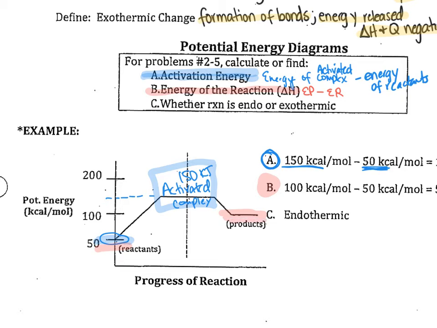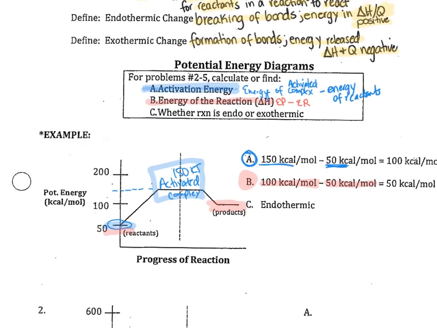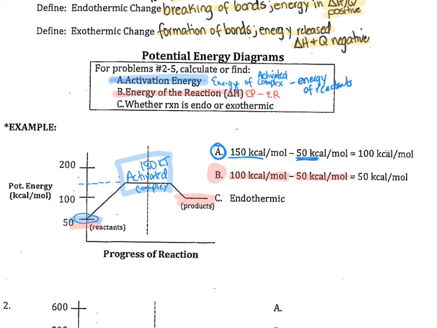If I look at my products, it looks like I'm at about 100 kilocalories. So I take the energy of the products minus the energy of my reactants. So my amount of delta H, my energy of the reaction, is a positive 50 kilocalories per mole.